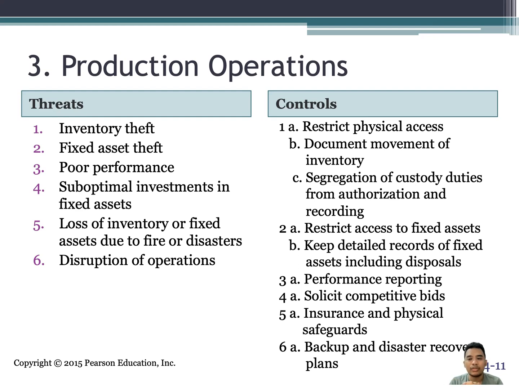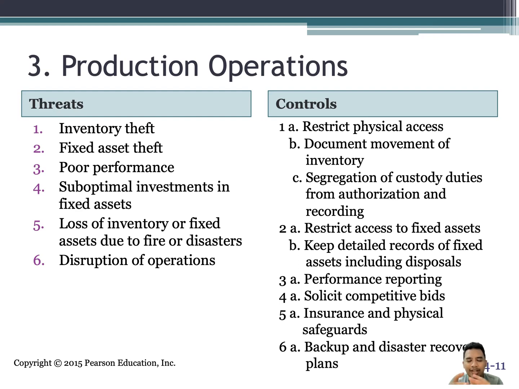And lastly, we have disruption of operation. So maybe, of course, it's either man-made or natural causes. What are your controls here to mitigate? So you need to have a backup and disaster recovery plan.